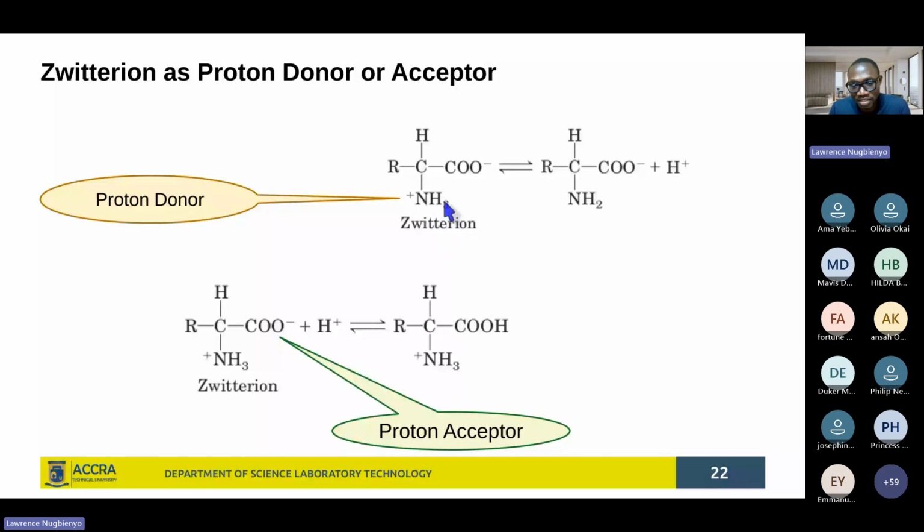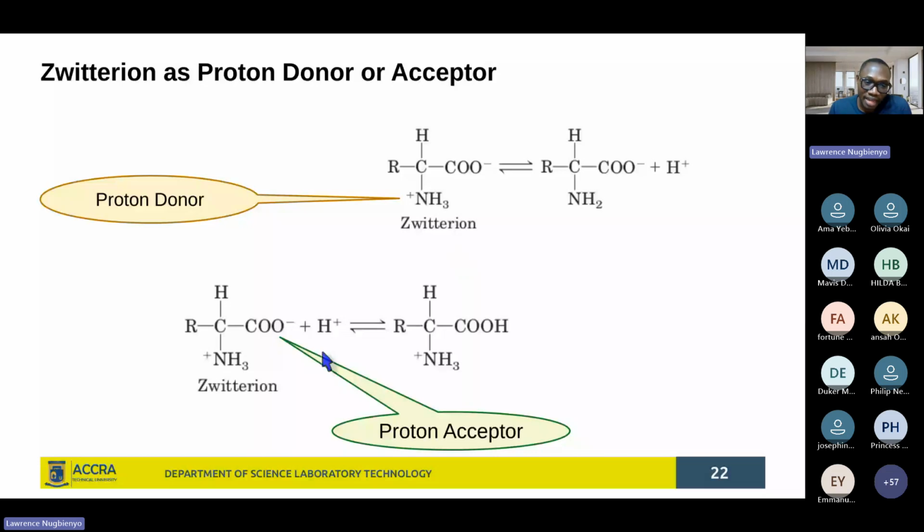So what does it mean? It means that this NH3 plus can give out a hydrogen ion. So you see the reaction where you have a zwitterion. It gives out a hydrogen ion, and so that NH3 plus now becomes NH2, plus the H plus, the hydrogen ion that it gives out. That shows that the zwitterion is acting as a proton donor. The proton is the hydrogen ion that is being given out.